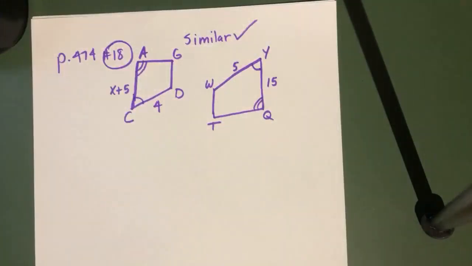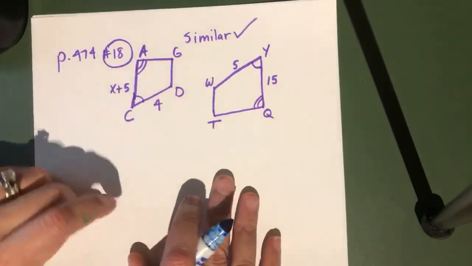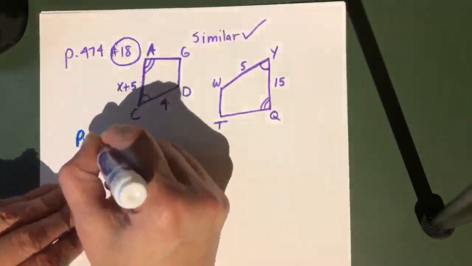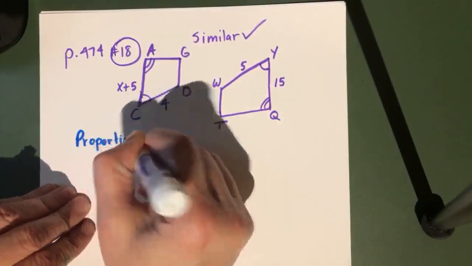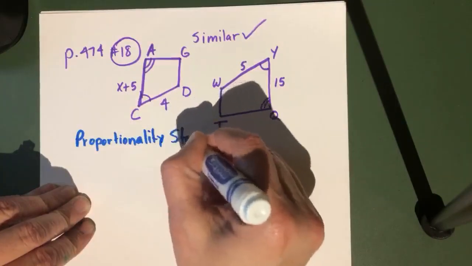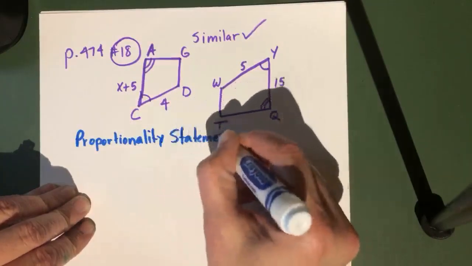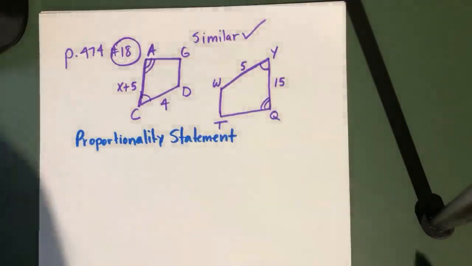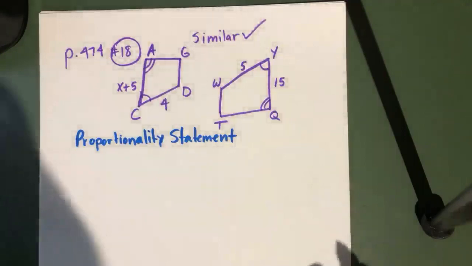So what you have to do is find the value of x. Now, to find the value of x, we have to set up our proportionality statement. Remember, your proportionality statement is basically your proportion for the sides, comparing the sides. It's what you would use to find the scale factor, basically.